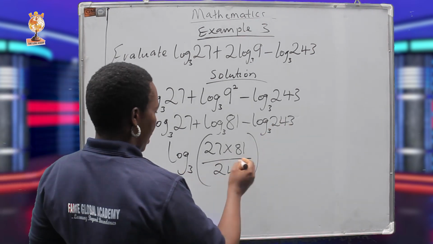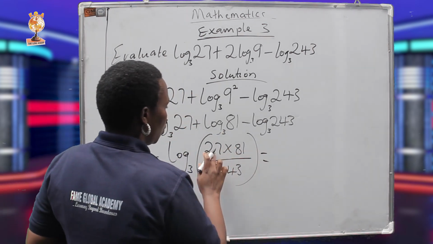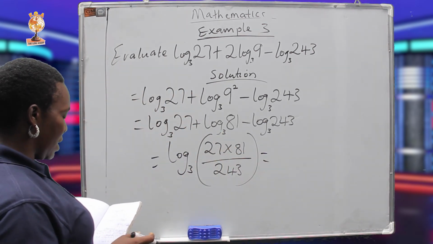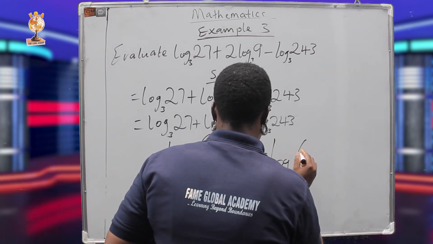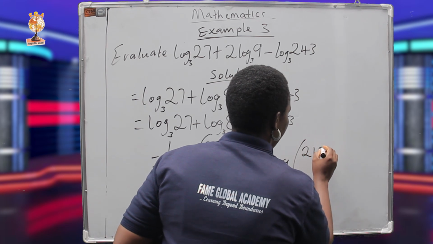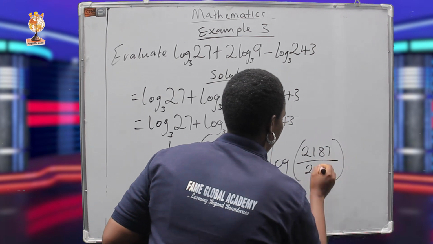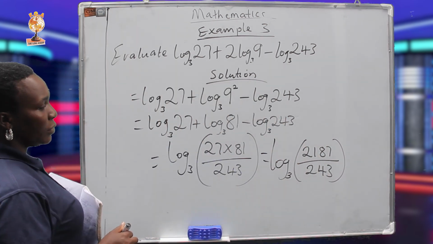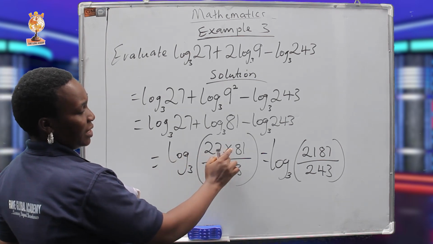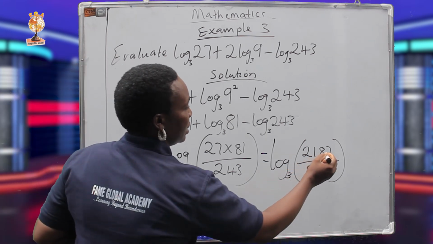Okay, so from here, let's continue. So we have 27 times 81. That will give us log of 27 times 81, which is 2187, divided by 243, base what? Base 3. Okay. So when you multiply 27 times 81, you have 2,187.